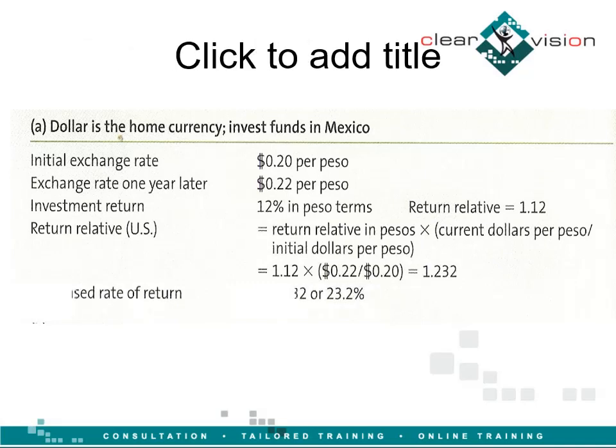The return relative for the investor, which will be calculated in dollars as it's the home country for the investor, will equal the return relative in pesos multiplied by the current dollar per peso divided by the initial dollar per peso, which is 0.22 divided by 0.2 multiplied by the return relative, and that equals 1.232.